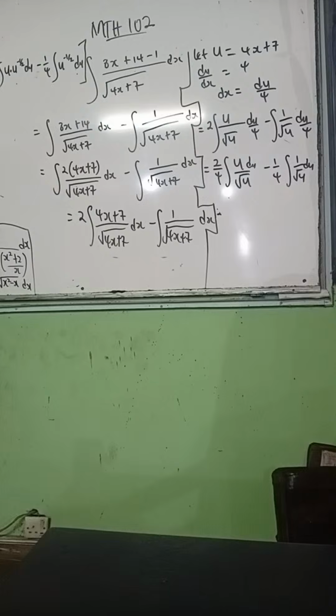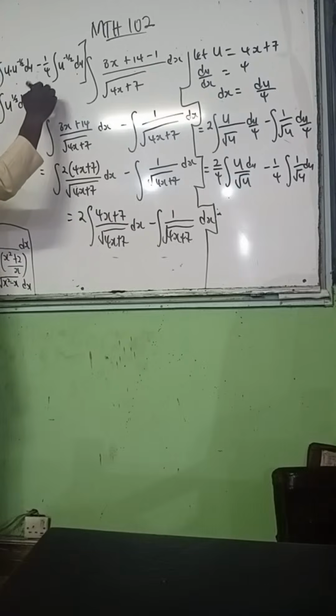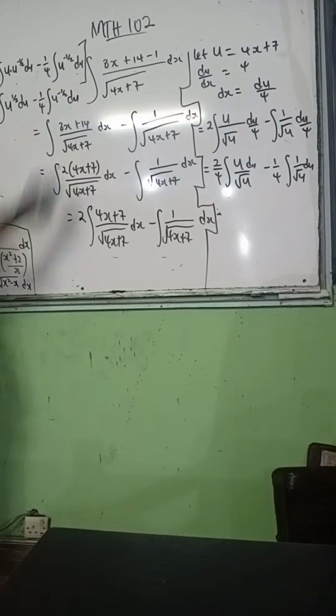So this gives us 1 over 2 integral, this times this, u raised to half, since 1 minus half is half, u raised to 1 over 2 du, minus 1 over 4 integral u raised to minus 1 over 2 du.